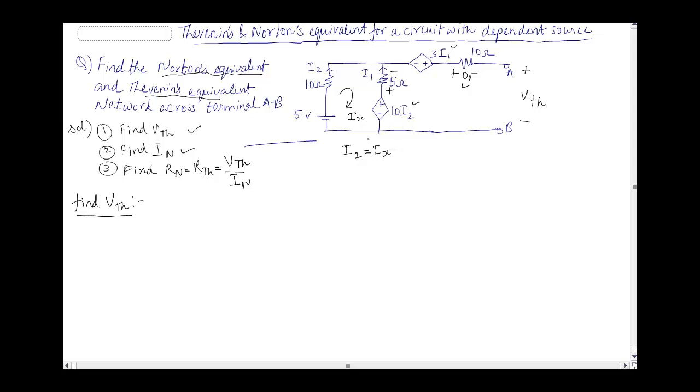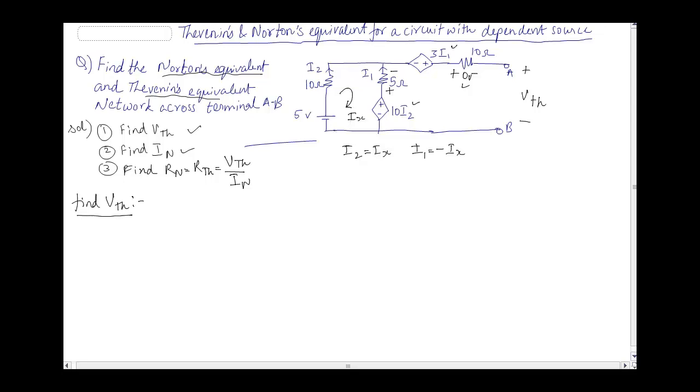And since Ix is moving like this and passing through this branch, I1 is going to be minus Ix. Now you might be asking, why is there no other current flowing here? If this terminal AB would have been closed, I could have said that there is another current here. But AB is not closed, so there is no other current flowing. So I2 is basically Ix and I1 is basically minus Ix.